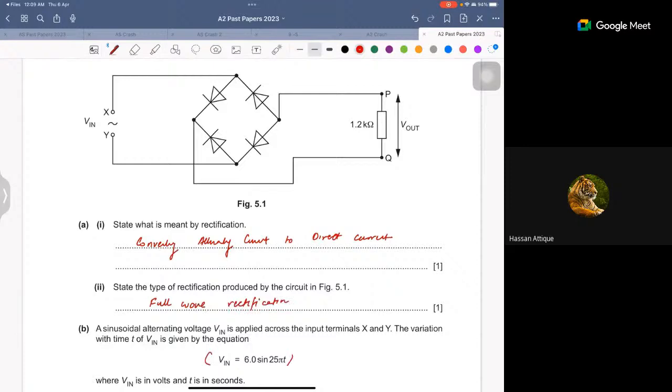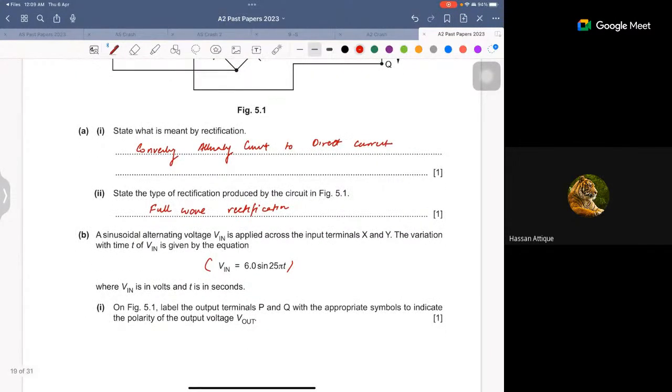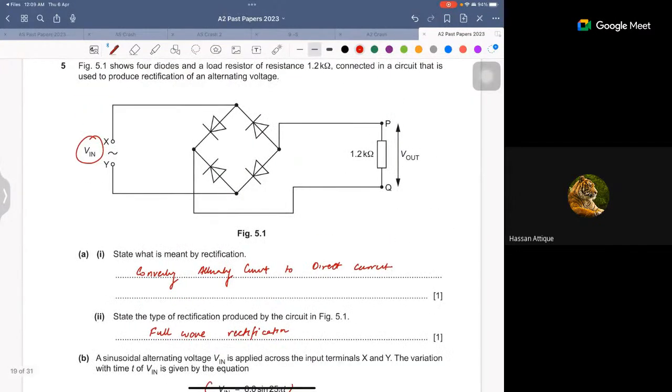Then they've given you this. What is VN? VN is the voltage N. They say, use the figure, label the output terminals P and Q with appropriate symbols to indicate the polarity of output voltage. I would recommend that you take colored pens in this. Now it can't go to this side, so it has to go this way, and then it can't go here, so it has to go this way, and here it has to be positive.